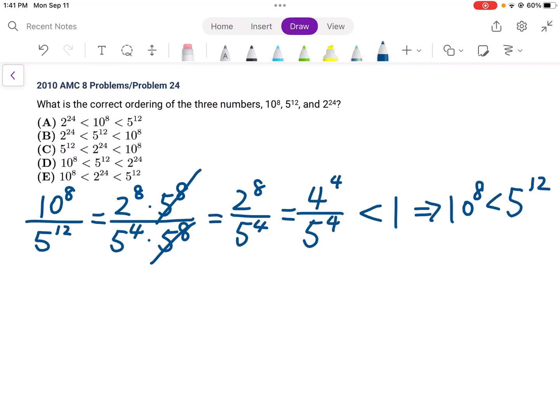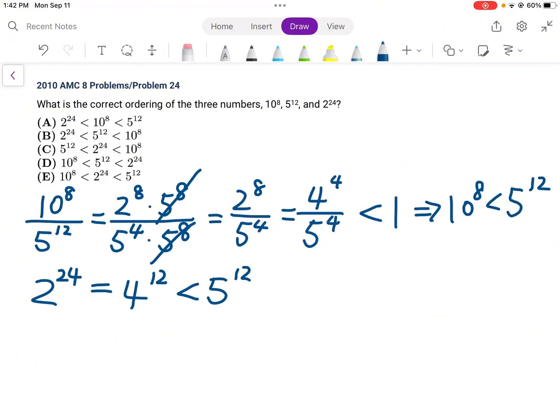And then we can compare 2 to the 24 to 5 to the 12. 2 to the 24 equals 4 to the 12, and it's smaller than 5 to the 12. Now what's left is to compare 10 to the 8th and 2 to the 24.